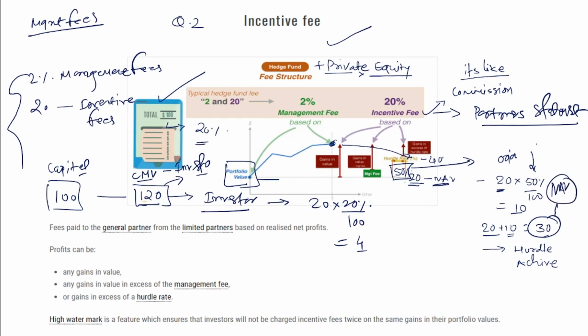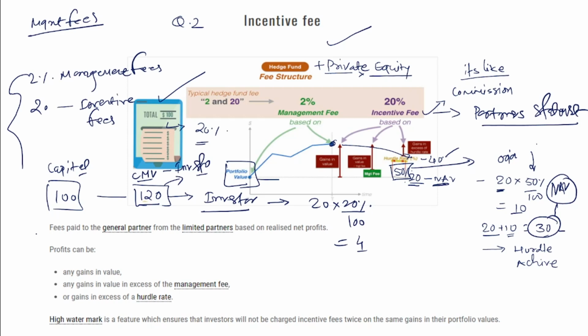If the fund managers are able to achieve 30 as NAV during that particular period, then the investors will pay the incentive fees to the fund managers. The hurdle rate was 30 as NAV, and it is now achieved, because the current market value of the investment is 40. So the incentive of 20% will be paid to the fund managers.